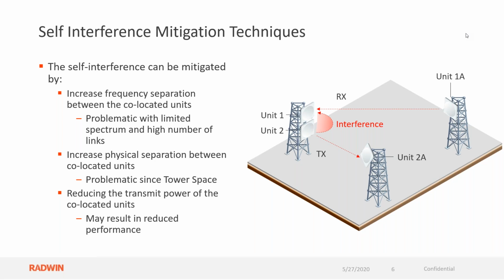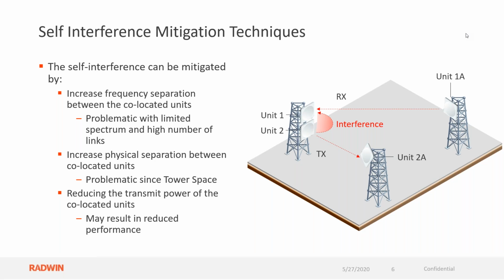You can imagine that if we have a big antenna, and sometimes an external antenna, it takes space on the tower, and physical separation is sometimes not possible. The third is to reduce the TX power. In ETSI, the European standard, it is taken into consideration where you need to reduce the EIRP, but reducing the TX power will impact the coverage area and reduce the performance.